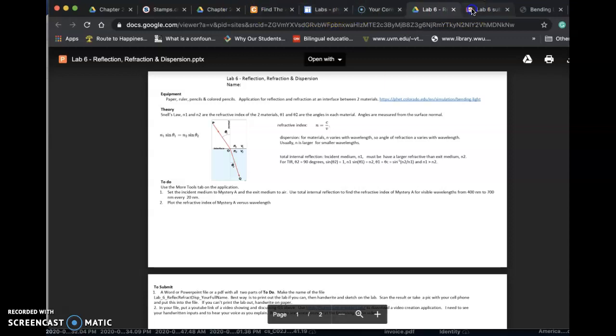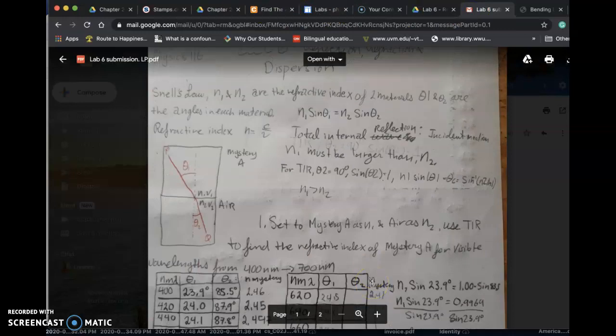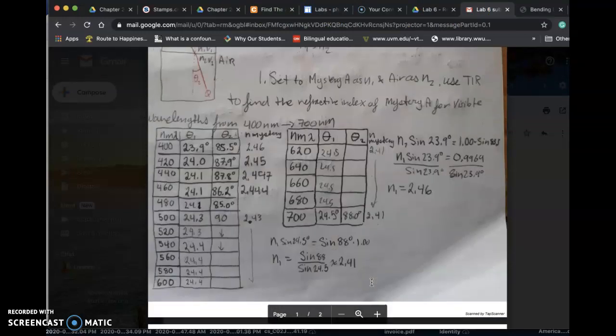Now in our calculations, an example of this is right here, where the first angle is 24.5 degrees and the second theta is 88.88 degrees at 700 nanometers, which would be the color red. To get the coloration for this, what we do is set n1 times sine of 23.9.